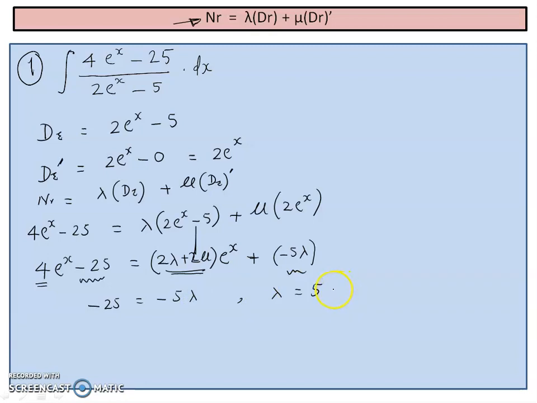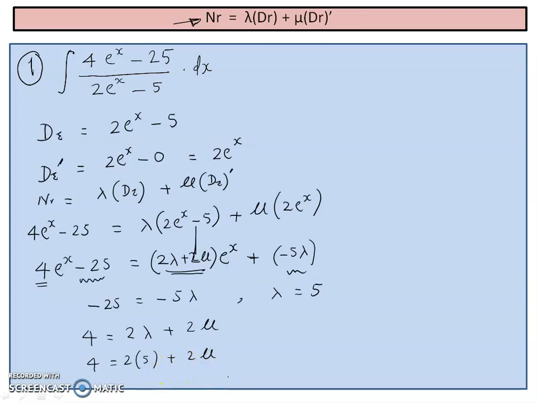समझ गए बच्चों? Lambda is equal to 5 and 4 is equal to 2 lambda plus 2 mu. So 4 is equal to 2 into 5 plus 2 mu.